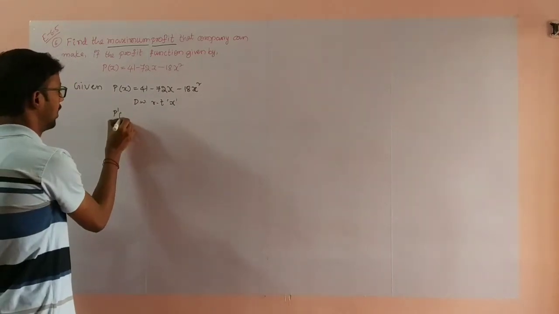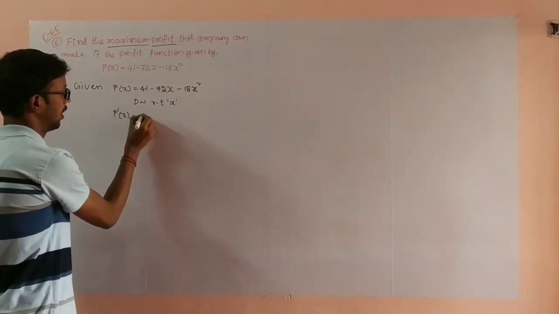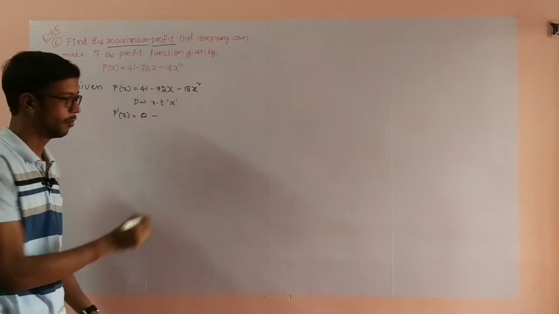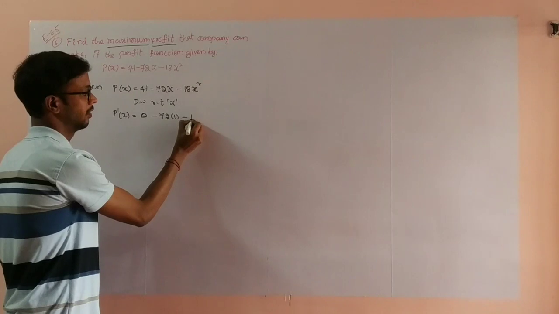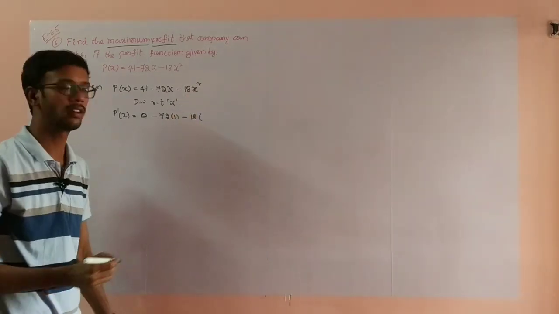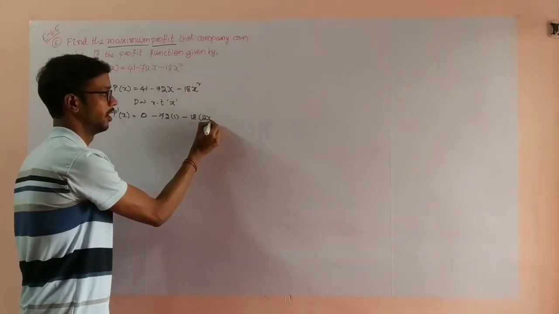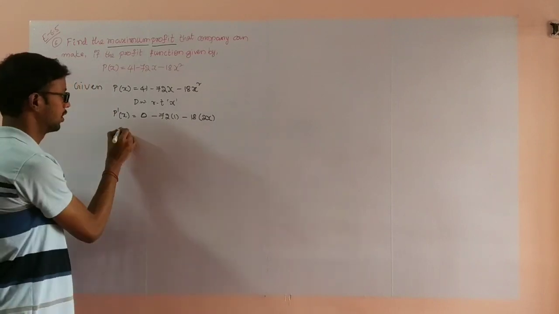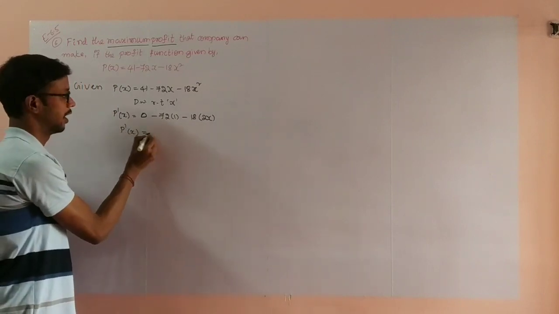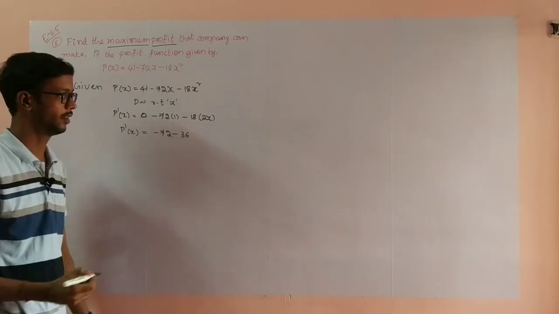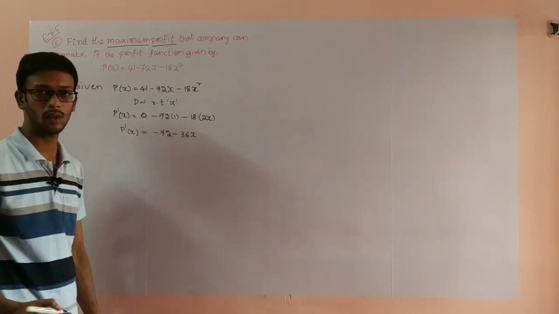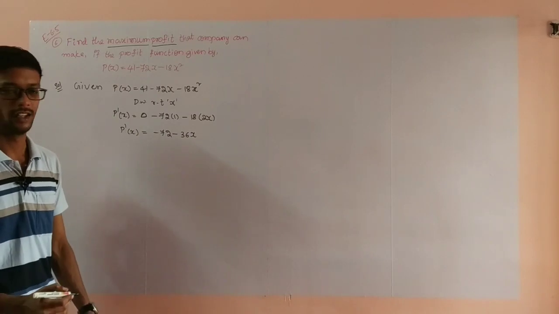P dash of x is equal to 41 derivative is 0, minus 72 into 1, minus 18 into 2x, x square derivative is 2x. Final value is minus 72 minus 36x. So this is the first derivative.